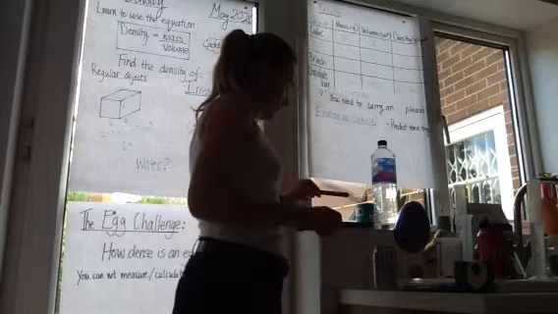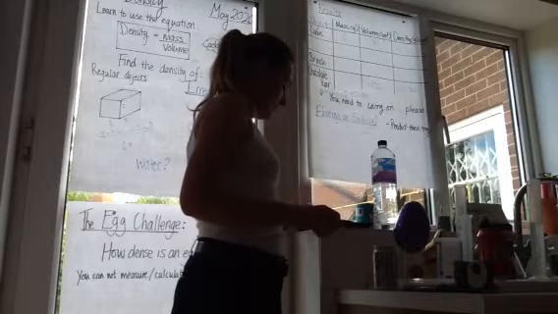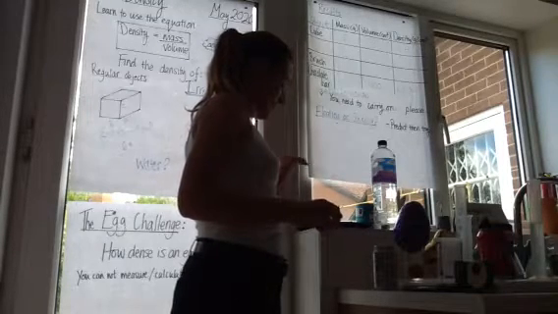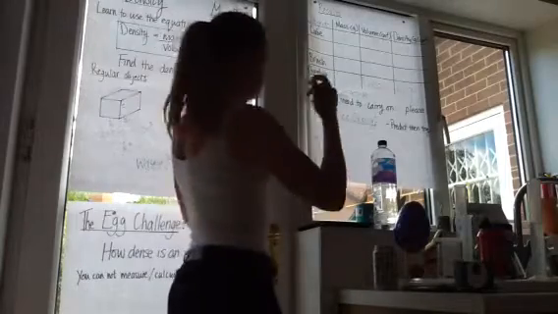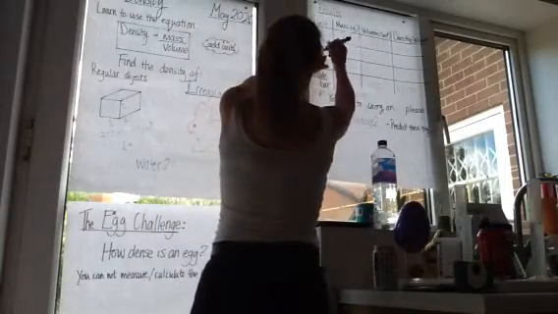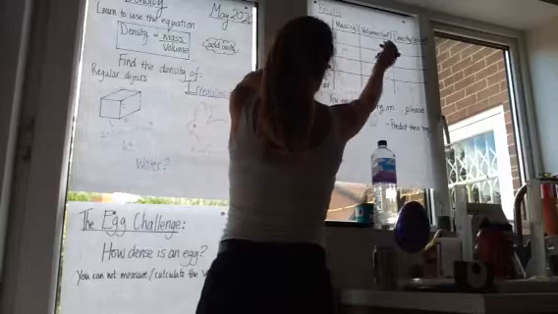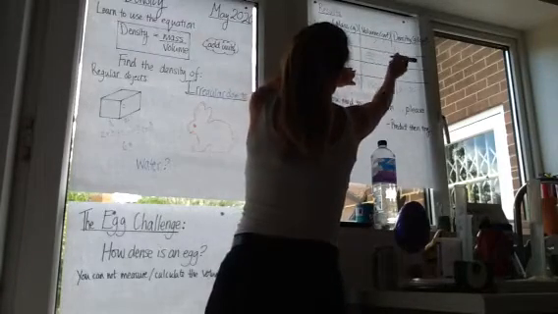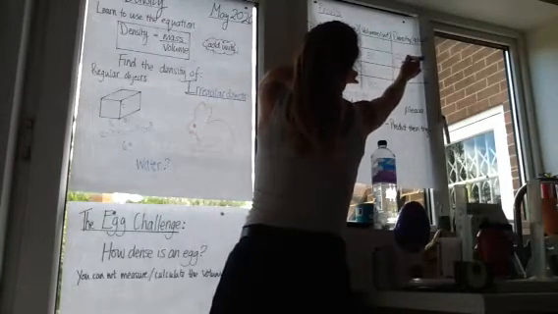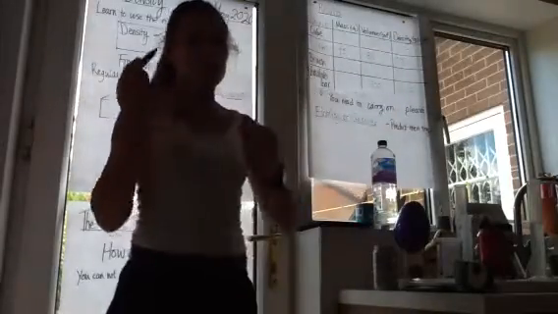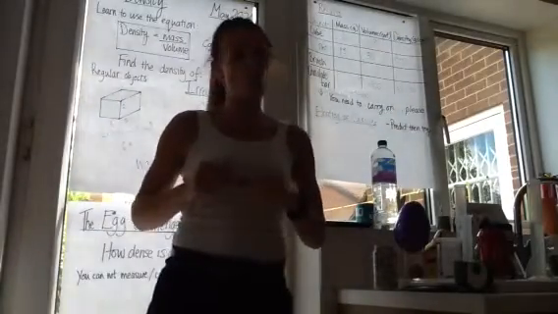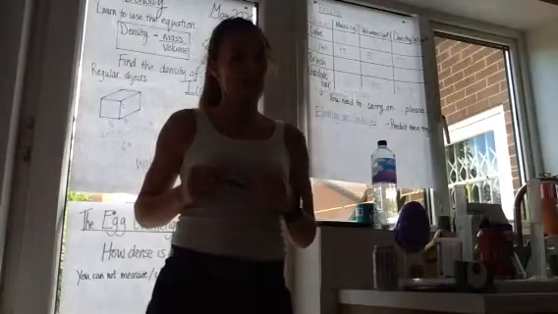If I mass my marker pen, it's 15 grams, it's got a volume of 30, so its density is 0.5 grams per centimetre cubed, so it's definitely going to float because it's less than 1, which is what the density of water is.